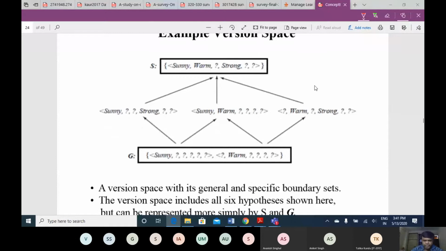For example, this is a version space. In this version space, this is the most specific hypothesis, and this is the most general hypothesis. All other hypotheses are derived from the combination of general and specific hypotheses.